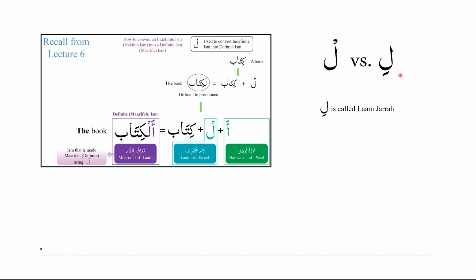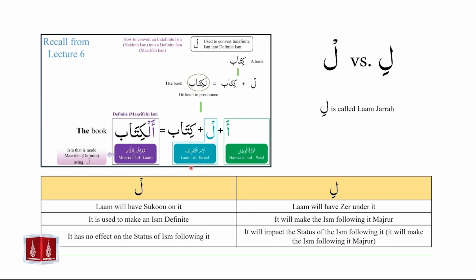So let us look at the differences between Laamut Tarif and Laam harf jar or Laam Jarrah. This Laam will always have Zair under it. So Laam Jarrah will always have a fixed harakat of Zair. Laamut Tarif will always have sukoon on it.